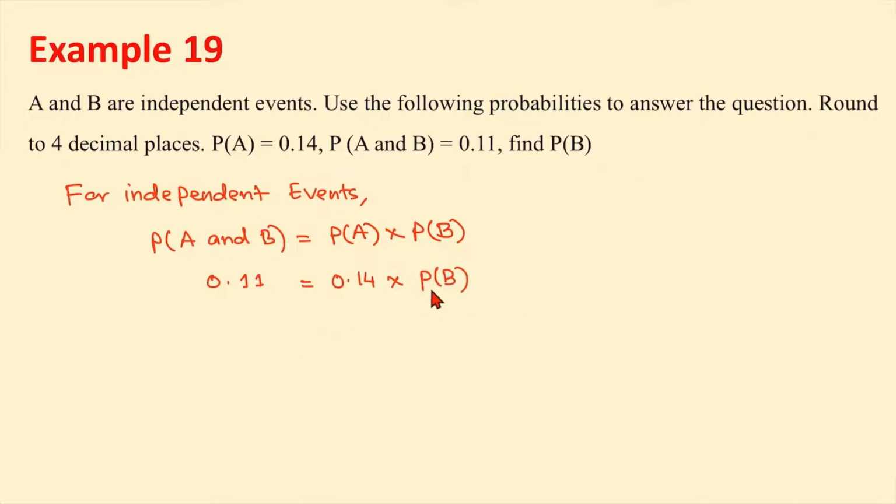Now you can see if we want to find probability of B by itself, here we are multiplying by 0.14. So let's divide on both sides by that. So we divide here by 0.14 and also on this side by 0.14.